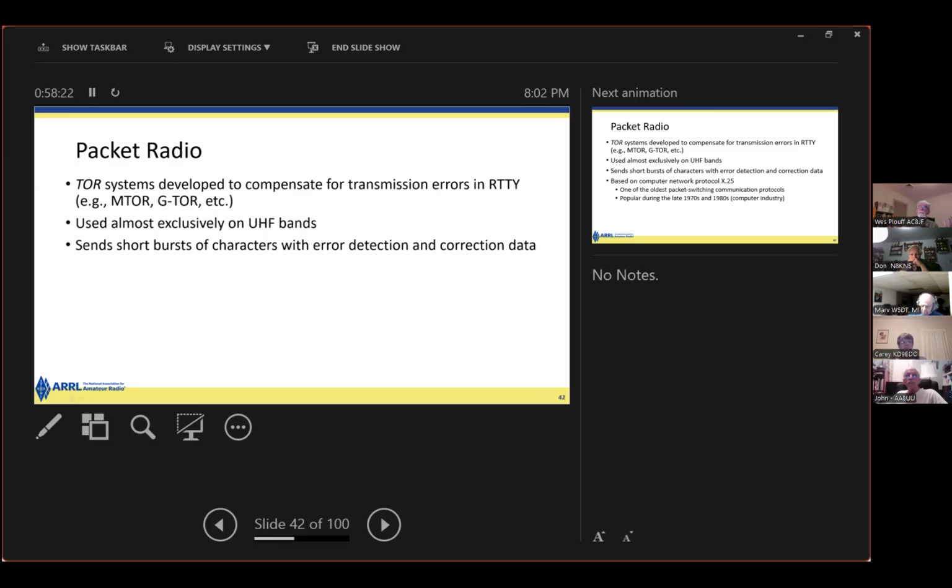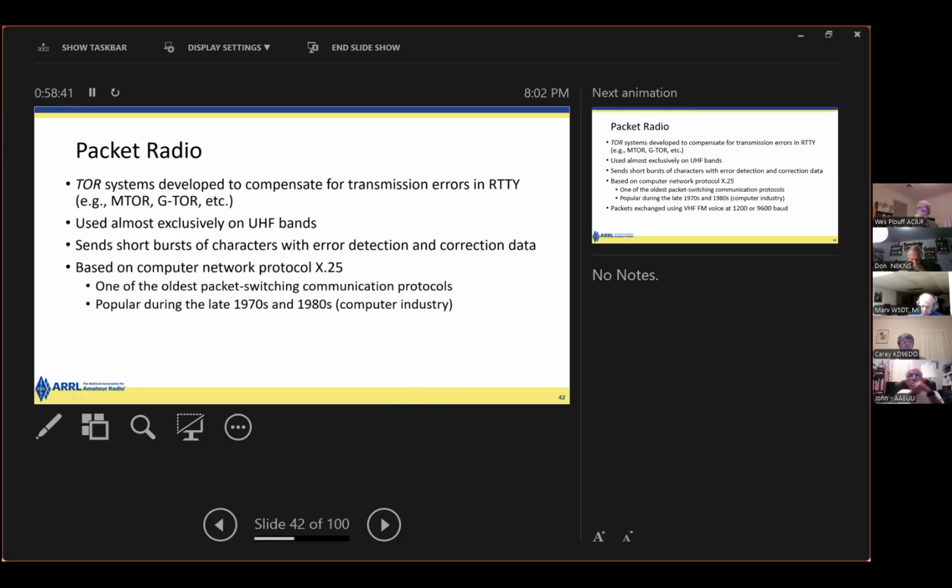So packet radio systems that are used mostly on UHF send short bursts, send short packets that include error detection and correction, and the operation is fairly automated.